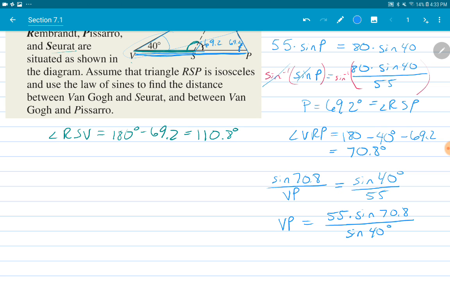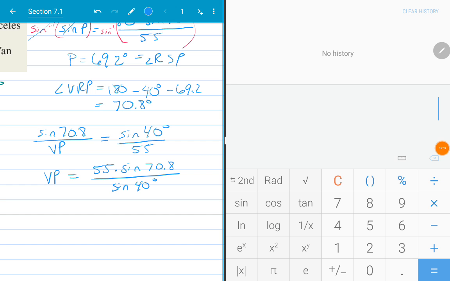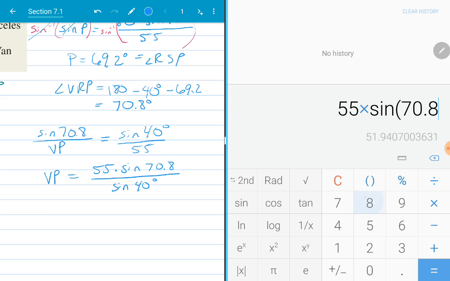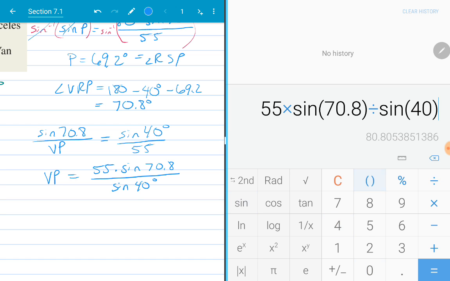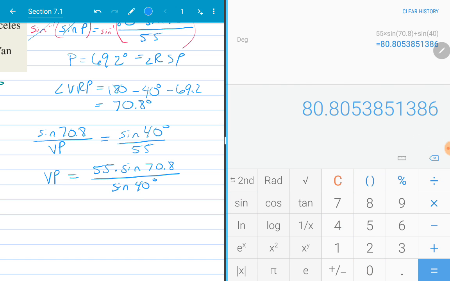Which gives us, when we put that into a calculator, 55 times sine of 70.8, close the sine, divided by sine of 40, close that sine, and I get 80.8, approximately 80.8 kilometers.